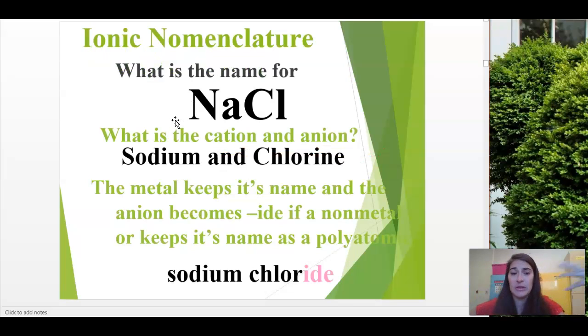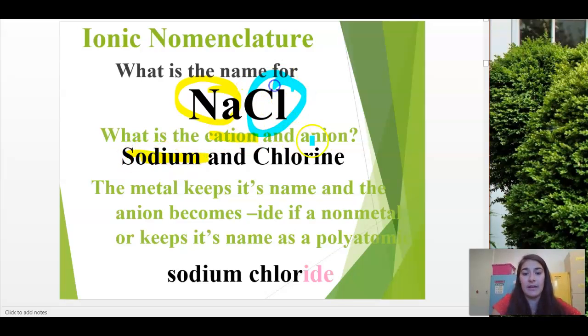So this is what a question would look like. It would say, what is the name for NaCl? And you would want to go through, so in green, I've highlighted what your thought process needs to be. So it says, what is the name for NaCl? So Na is our cation, and it is sodium. Cl is our anion, and it is chlorine. So we've got sodium and chlorine being put together to make this formula.